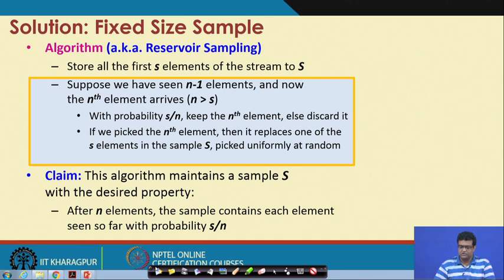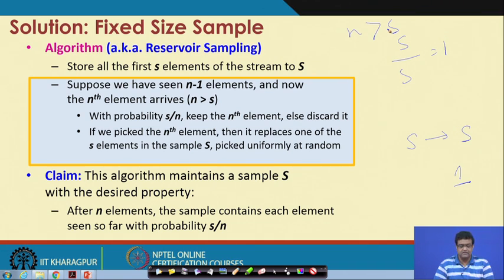The probability that you store s elements when you have seen exactly s elements is exactly 1, because the probability is s by s, which is 1. So this kind of algorithm makes sense only when n is greater than s.